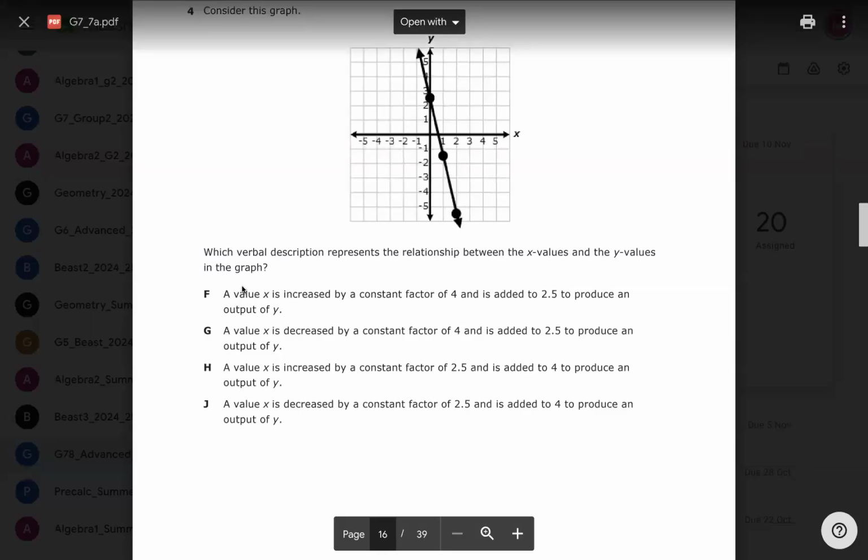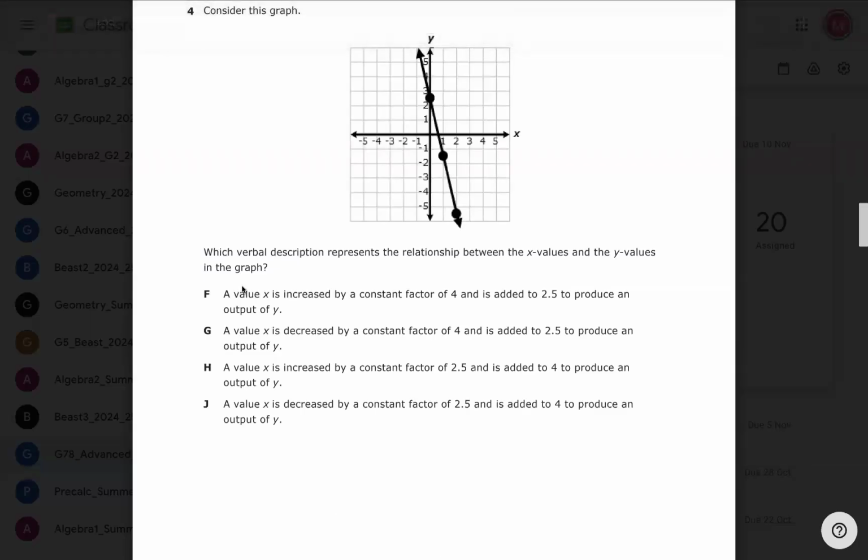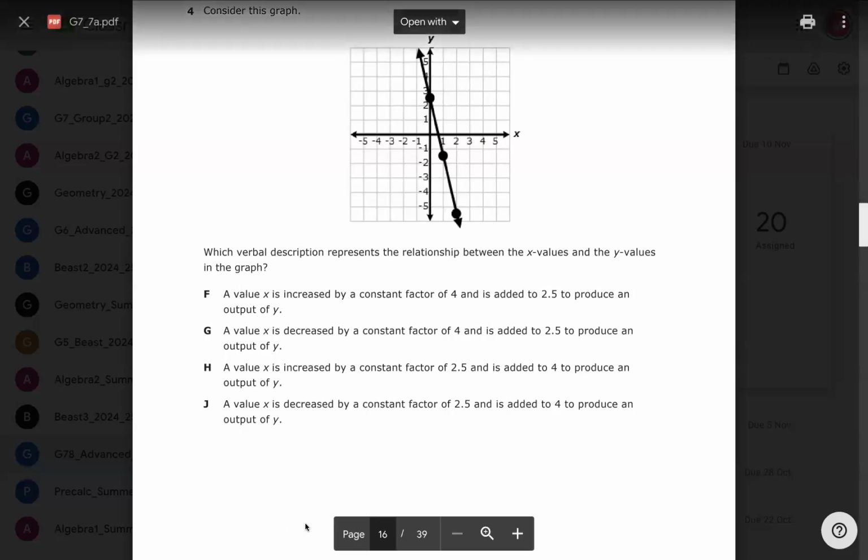Tell me, what is this? You're relating the verbal description with the line now. Try.